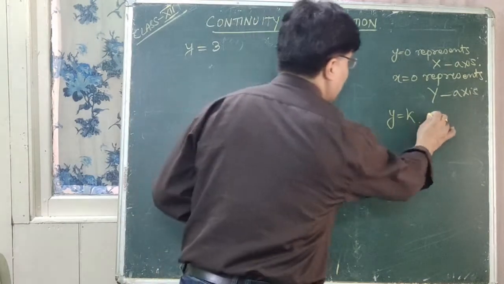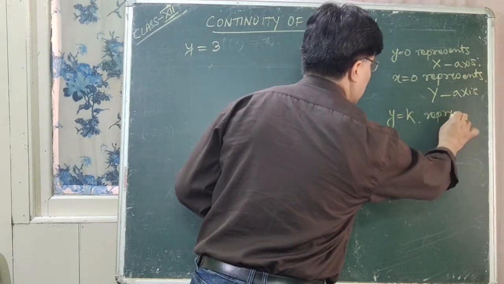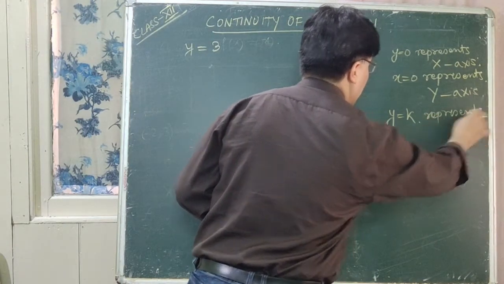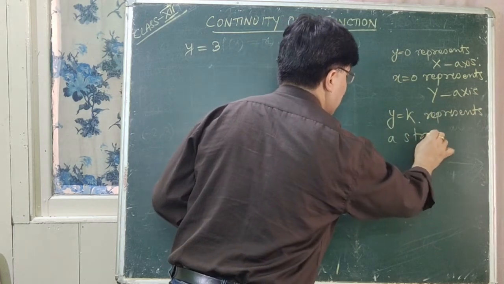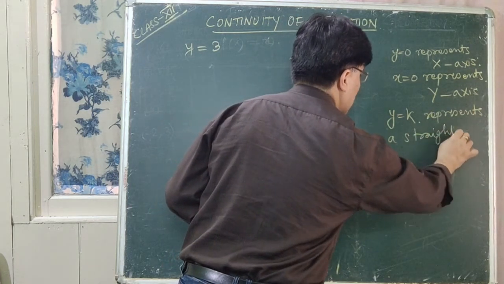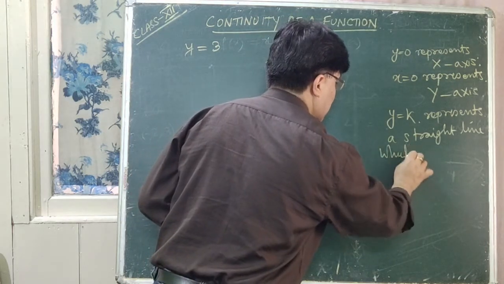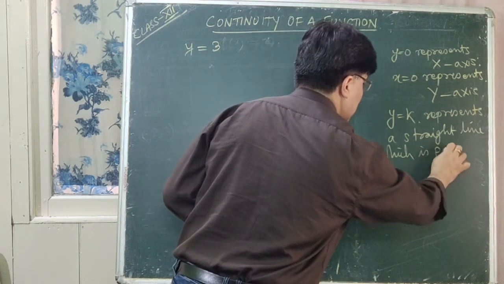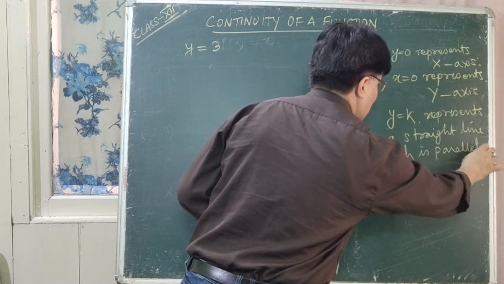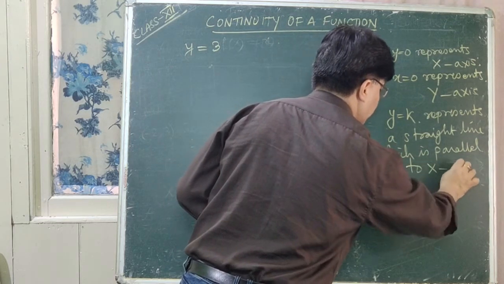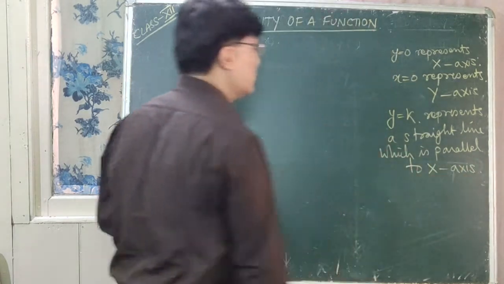So y is equal to k represents a straight line which is parallel to the x-axis.